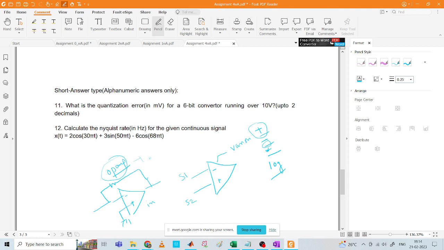The basic books to study operational amplifiers would be Gaikwad. Study this book. I think there is another book called Sedra Smith.